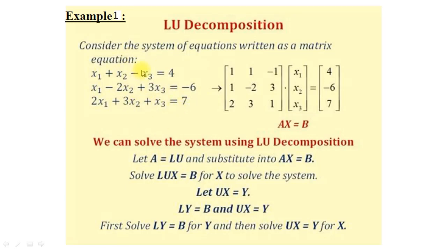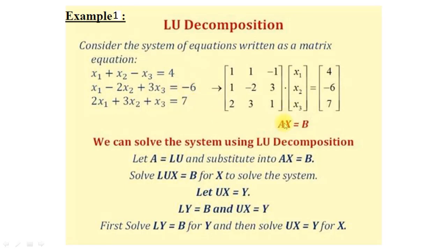First of all, write this system in matrix form. This is matrix A, which contains the coefficients of the variables: 1, 1, -1, 1, -2, 3, 2, 3, and 1. This is the variable matrix, and this is the constant matrix. These constants lie at the right hand side of the system.